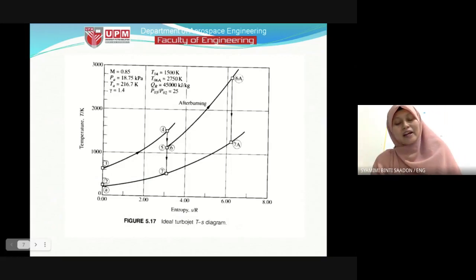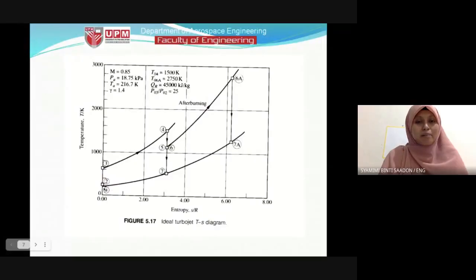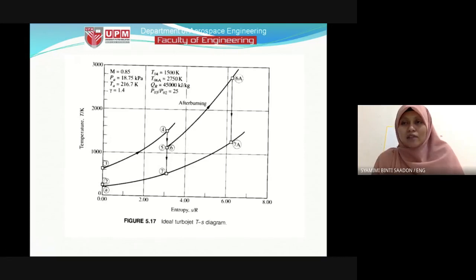So actually, in the ideal case, the ambient and the inlet of the diffuser are practically the same point, generally having the same properties. So it is as if at the same point, the temperature and pressure are the same. We assume that the characteristics of the air at the inlet of the diffuser are the same as the ambient.